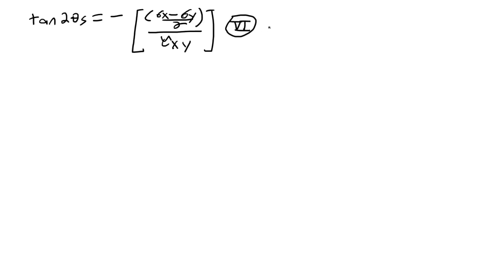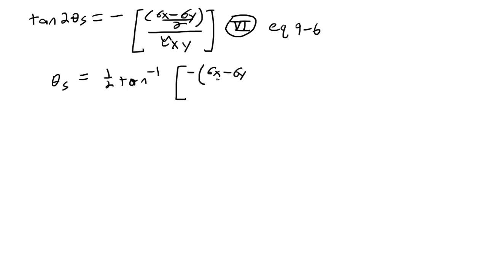For our lecture today, it's also equation 9-6 in the Hibbler book. And solving for theta s, we end up with it's 1/2 times the inverse tangent of negative sigma x minus sigma y over 2 over tau xy.